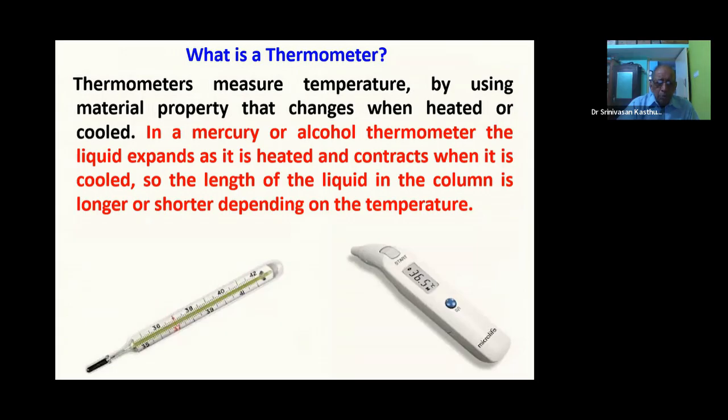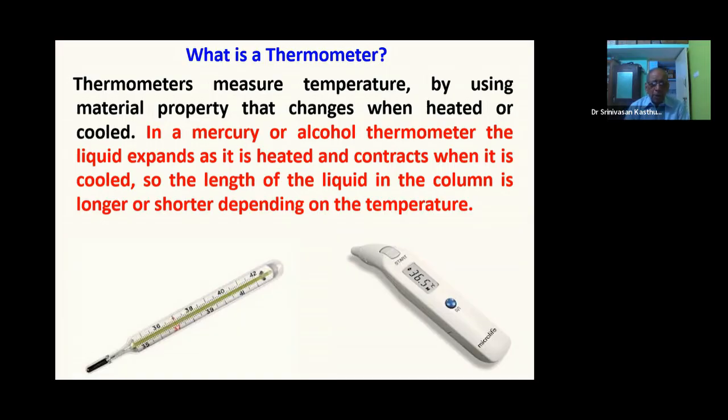Now, we must measure whatever temperature is reached. How do we measure this temperature? For the measurement of temperature, you use a thermometer. So what is a thermometer? A thermometer measures the temperature by using some material property which changes when heated or cooled.